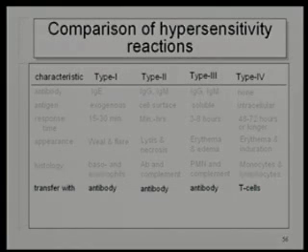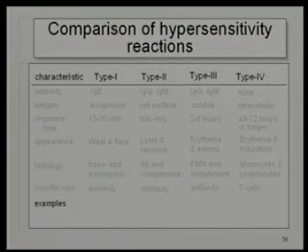But that test is not done anymore. So type 1 can be transferred with antibody, type 2 can be transferred with antibody, type 3 can be transferred with antibody. But not type 4. For type 4 hypersensitivity, you require T-cell transfer.